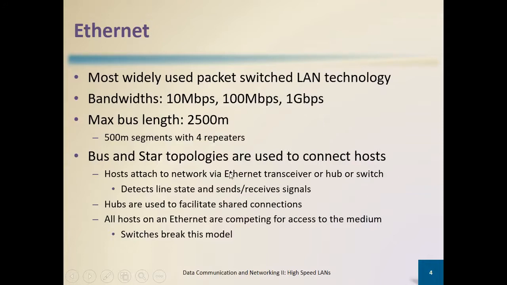Your hosts were attached to the network via Ethernet transceivers, either through a hub or switch, and they detect line states and send as well as receive signals as and when they come through. Hubs are used to facilitate shared connections. So ideally, they're not very efficient in handling transmission needs at a higher rate for many interconnected nodes.